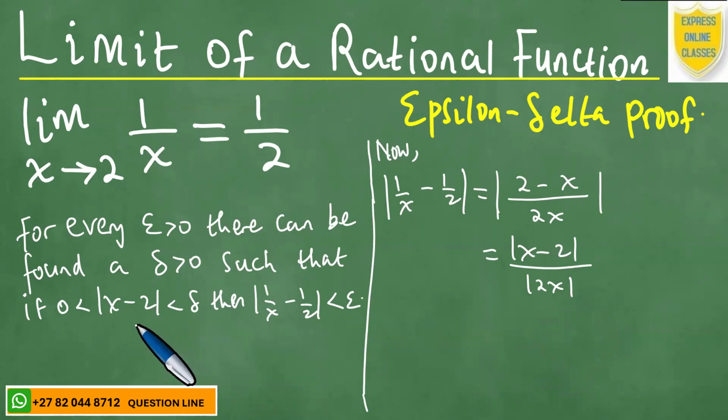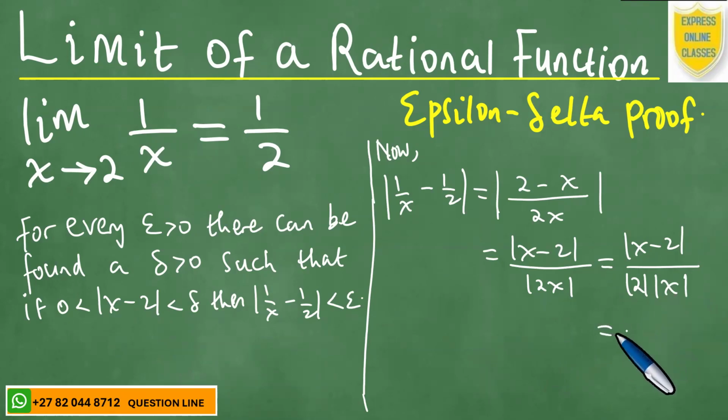At this point, it is very clear that we have achieved x minus 2, as we desire it, from the absolute value of x minus 2. Moreover, we can write the absolute value of x minus 2, and the absolute value of 2 is 2, and we have this exactly.